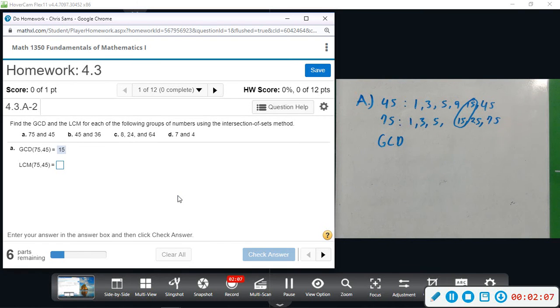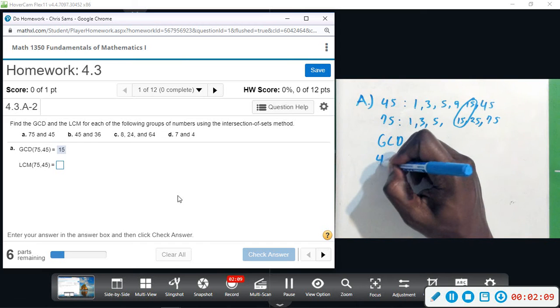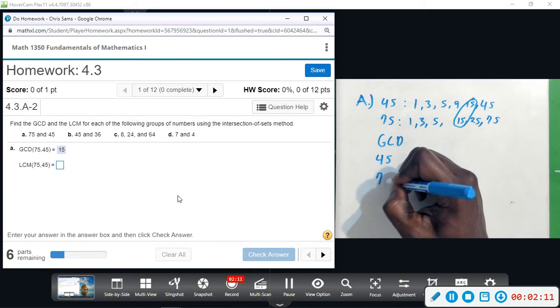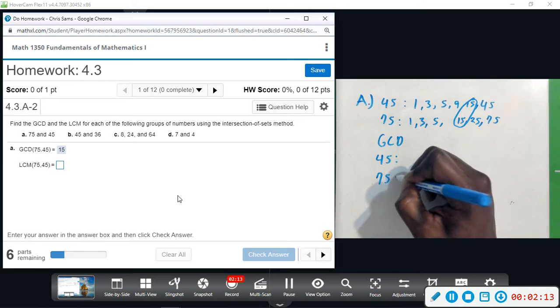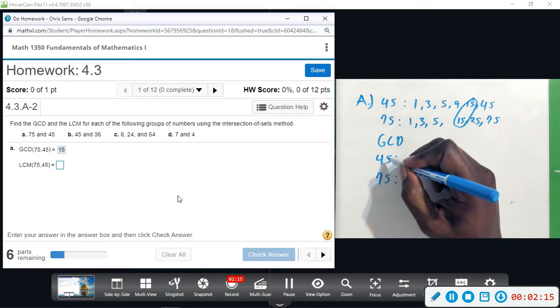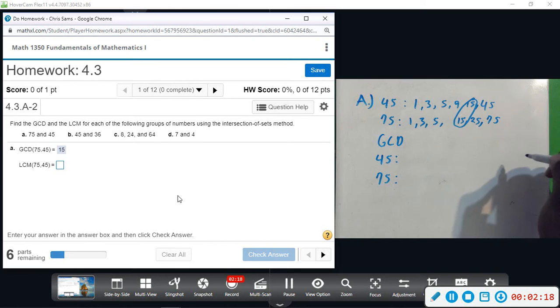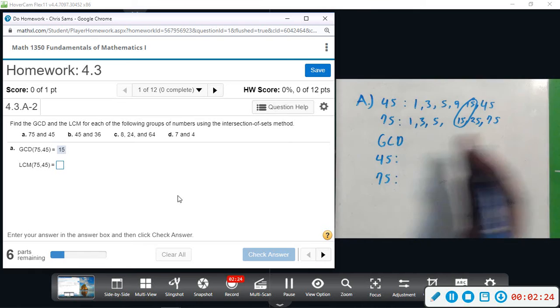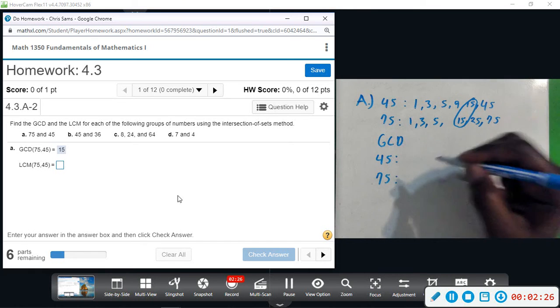And then the least common multiple of 45 and 75. What we're going to do is actually multiply 45 times 1, times 2, times 3, so forth and so on. Same thing with 75, and find out the smallest number, the first thing that we get to that they both have.